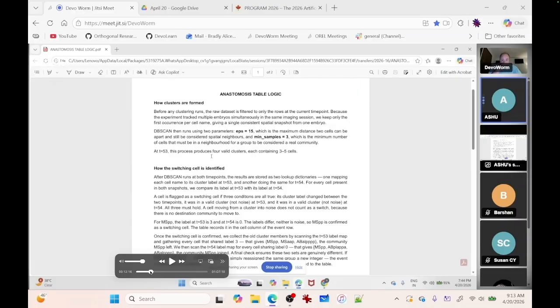And what Ashu was able to do is create a pre-processed data set where she's looking at what she calls anastomoses. Actually, this is something we've been talking about in the group, which is where you have graph structures where the nodes exchange their membership between one cluster or one community and another. So you can plot out graphs.